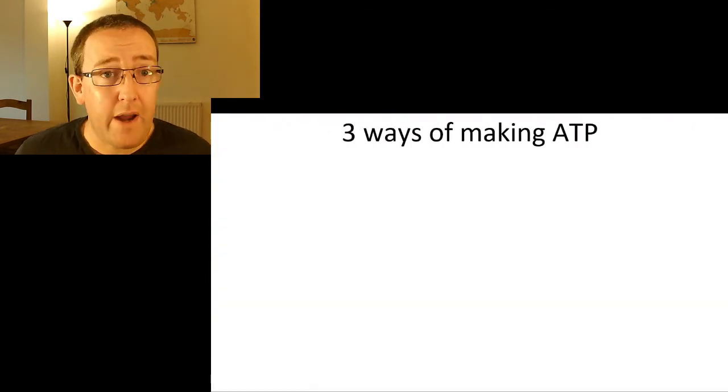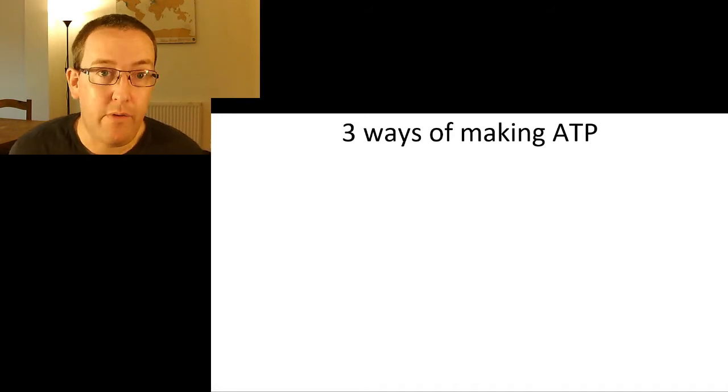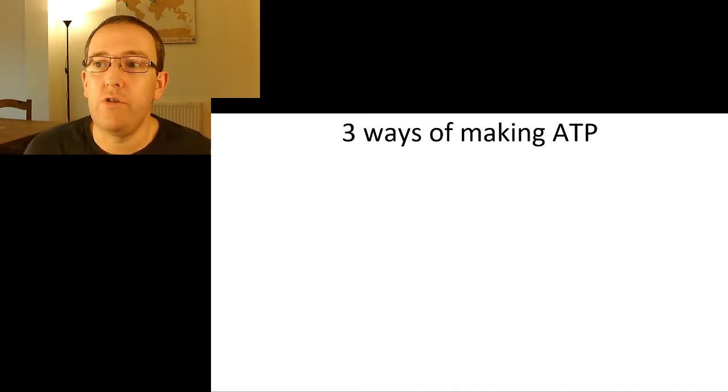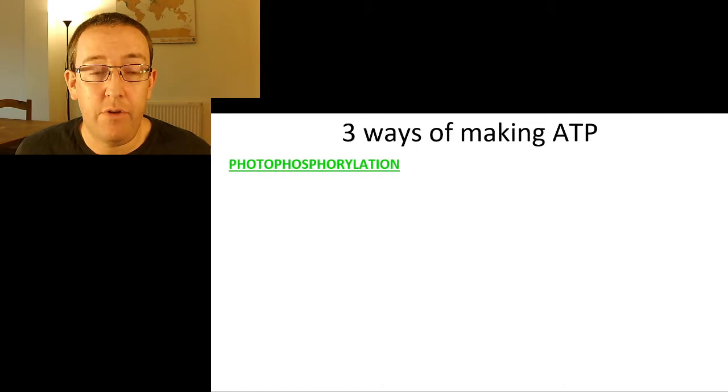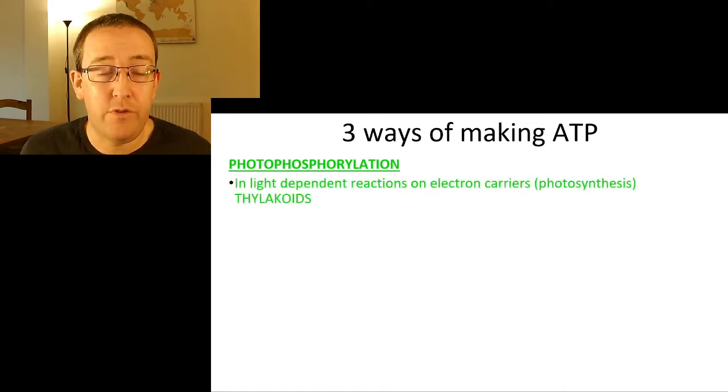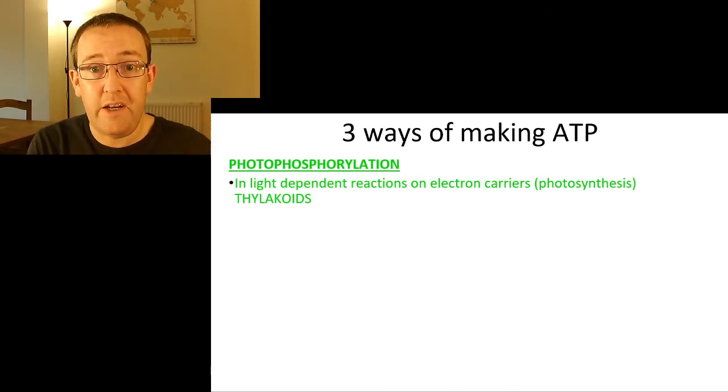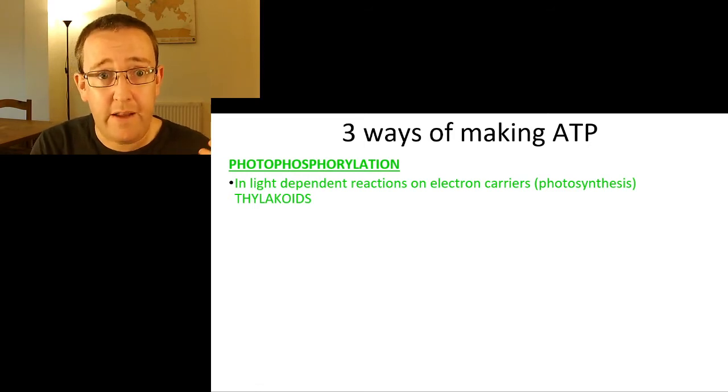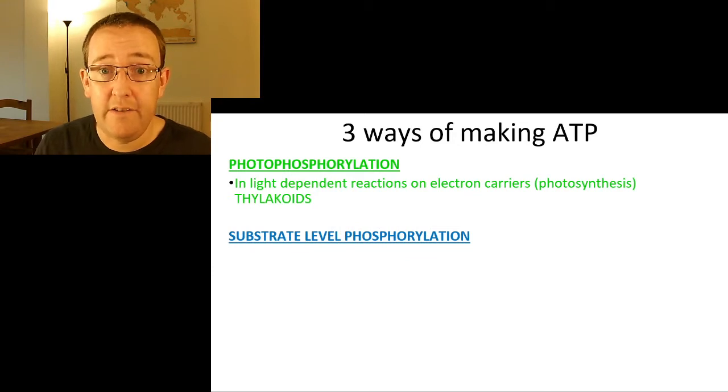So there's three ways of making ATP primarily, and these are ways that you really should know. We've already discussed in the previous topic photophosphorylation, which is essentially using the energy from light in photosynthesis in the thylakoids to create a proton gradient and generate that movement of ATP synthase. We're going to come back around to that protein again today.